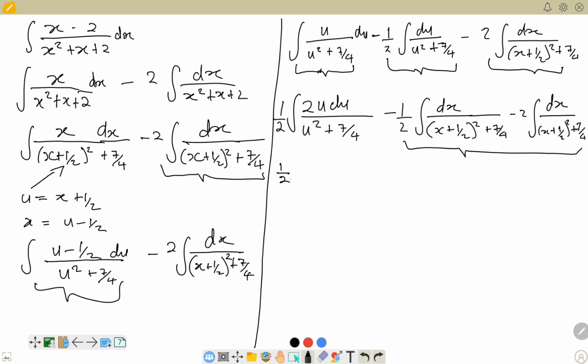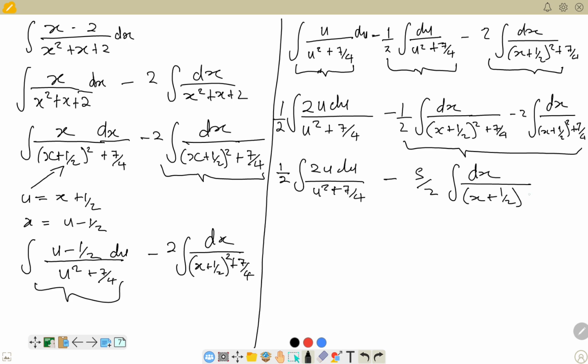Then this one, I can rewrite it as 2u du over u squared plus 7 over 4, then minus 5 over 2 of dx over x plus 1 over 2 squared plus 7 over 4.